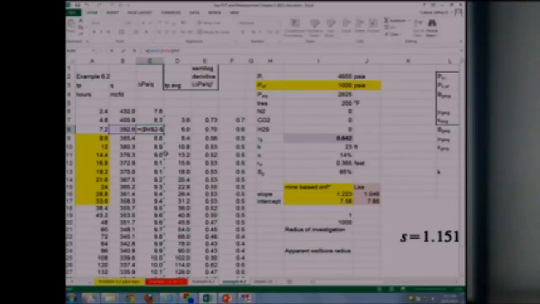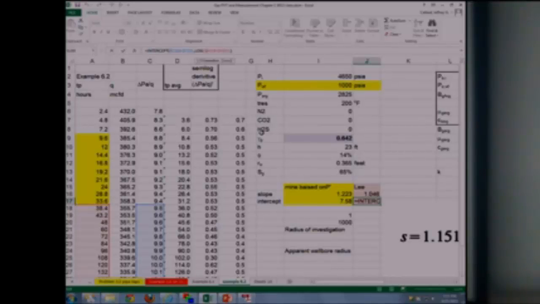It's the intercept of delta P over Q. I'm plotting delta P over Q, and I want it at 1 hour. Since my time units are hours on my plot, log of 1 is 0, so it's my intercept. Delta P over Q at 1 hour is my intercept, because log of 1 is 0.